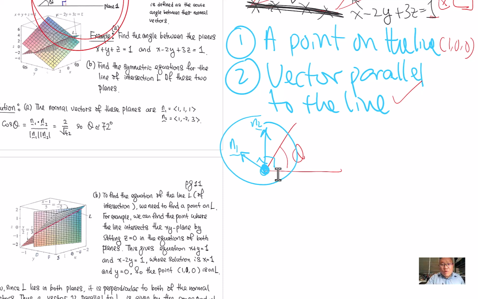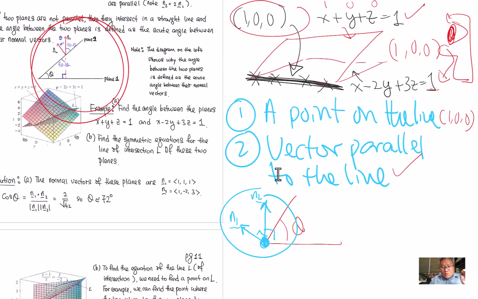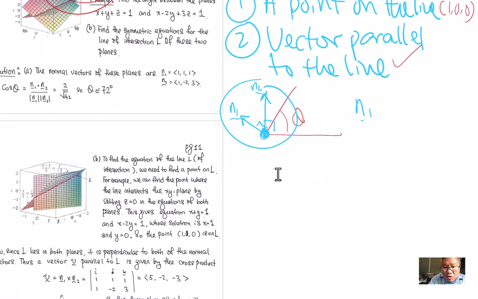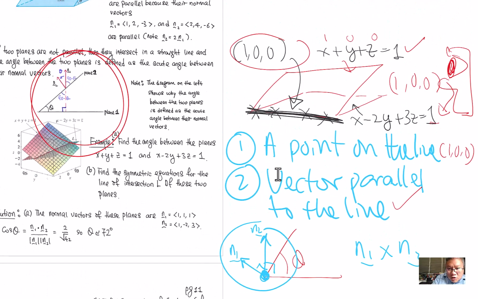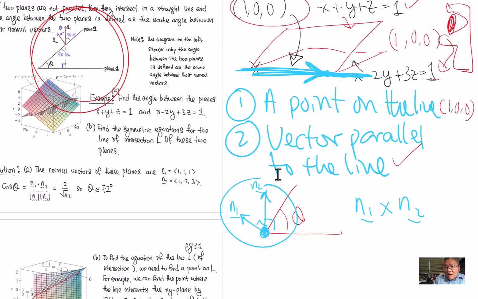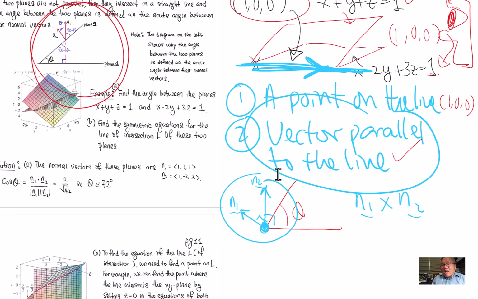If you look at it like that, there will be a vector either pointing out towards you or pointing at the back of your computer monitor. That vector is n1 cross n2. If you look back to this picture from this point of view again, you'll see that n1 cross n2 is going to be a vector that is either in this direction or in the opposite direction. And that directional vector is the vector that is parallel to the line.